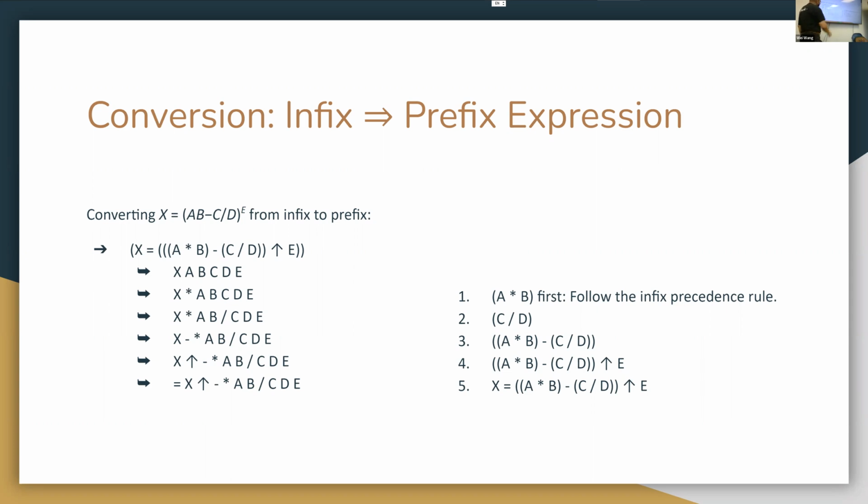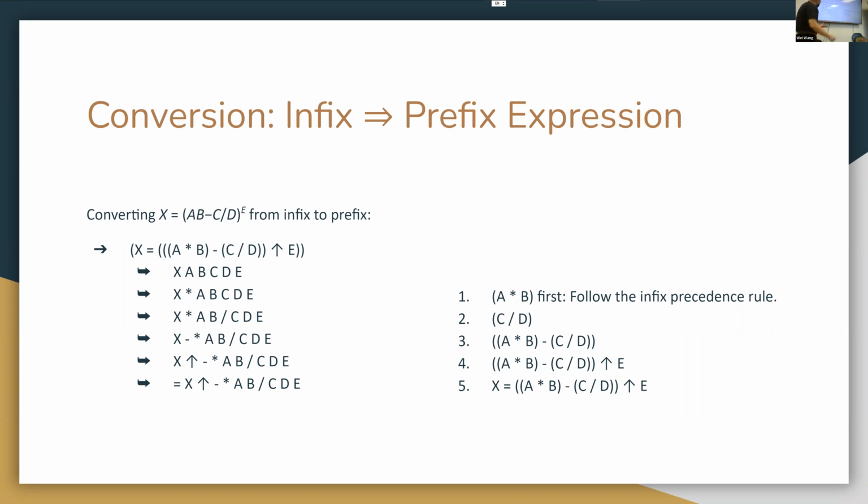That means exponential. So we put that in front of the minus sign. That's what we do next. And then after all that happened, we do the assignment. We put the assignment in front of x because that's one operand, and then the rest is the next operand.